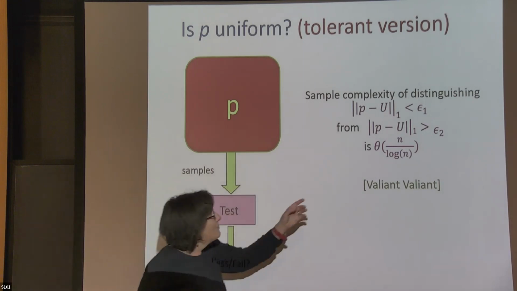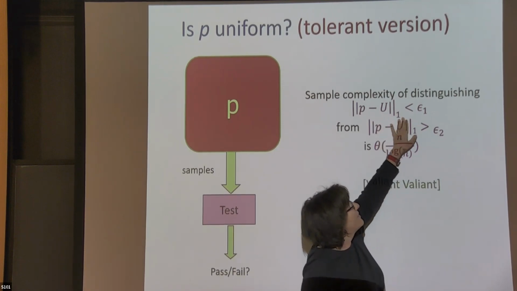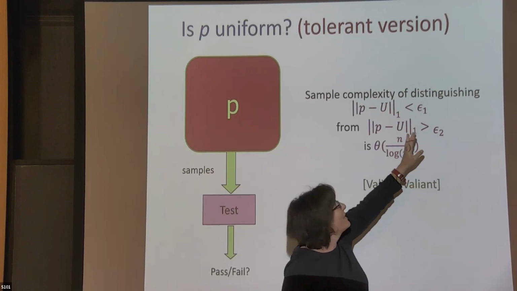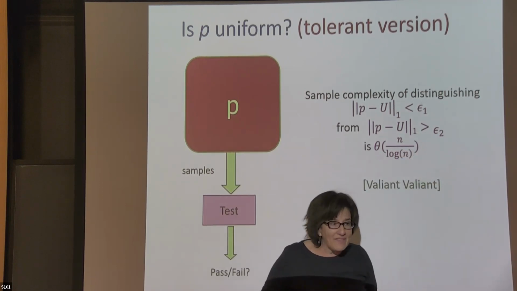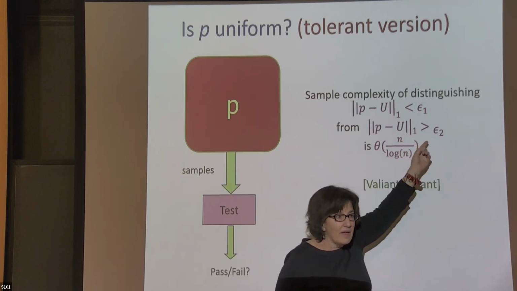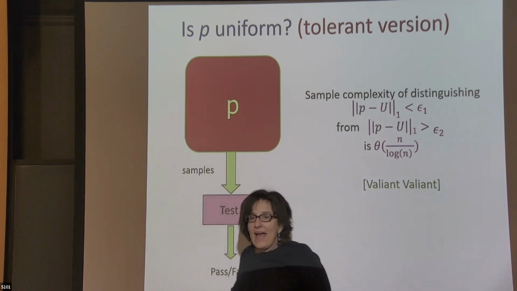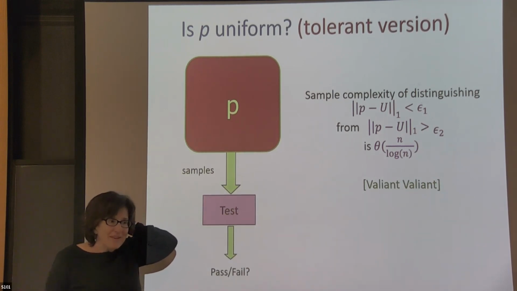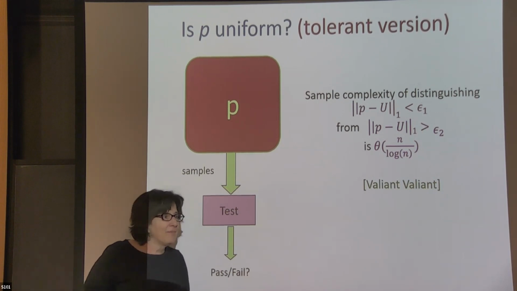So what I had before was distinguishing P minus U is 0 versus epsilon, and now versus allowing it to be tolerant. This is tolerant property testing, where I still have to pass if it's close, but I have to fail if it's far. We call this tolerant property testing because of the two-sided requirement.